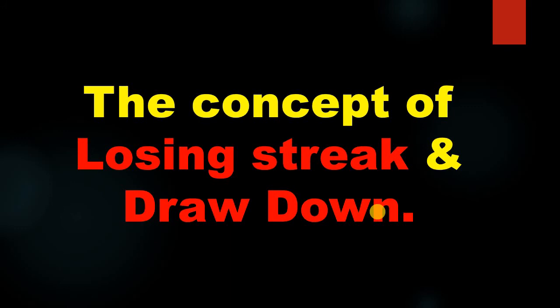Now we are on to the concept of losing streak and drawdown. What do we understand by losing streak? By losing streak, we mean a series of losing trades, and this is common with every trader.